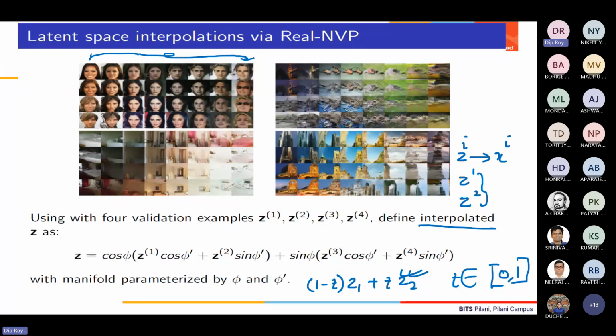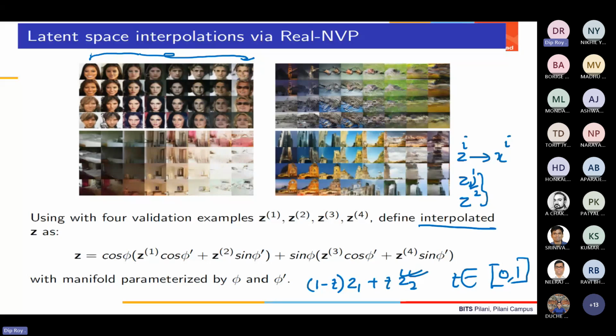And why is interpolation necessary and useful? It shows that the model has learned a smooth and meaningful latent space, which is important. If we suddenly move from here to here and see some noise coming out, then it means the latent representation has not been learned properly.